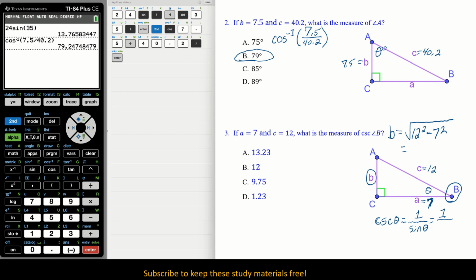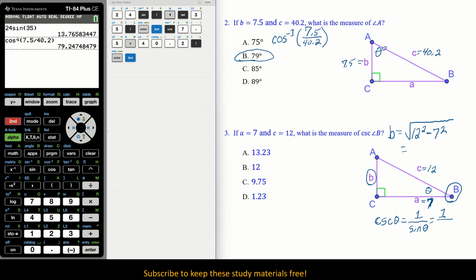Whatever we get, that'll be our b. So let's see what happens. Square root, get our radical. 12 squared minus 7 squared. Okay, push enter.